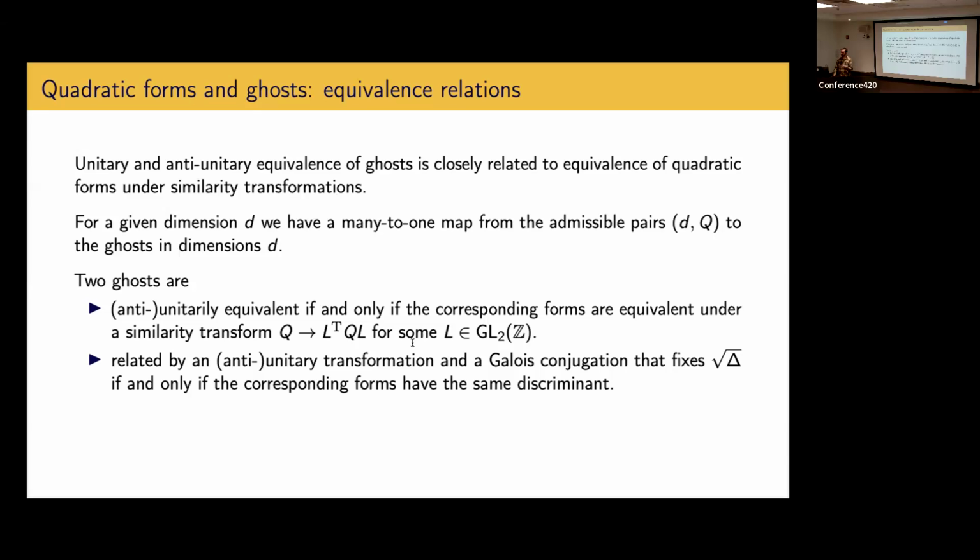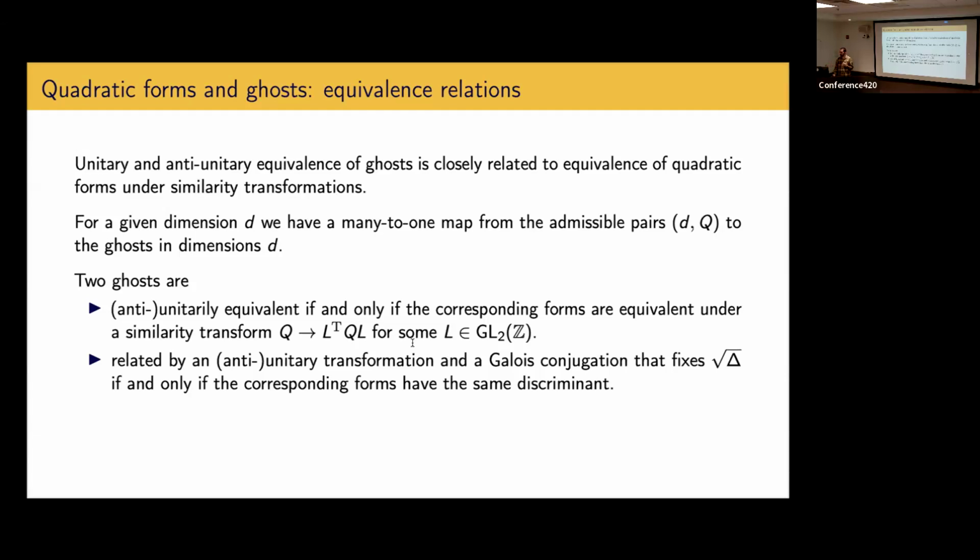I just say, take one of these GL2Z matrices, L transpose QL is a similarity transform on that. And then two ghosts are unitarily equivalent if and only if their associated quadratic forms are equivalent under this transformation.